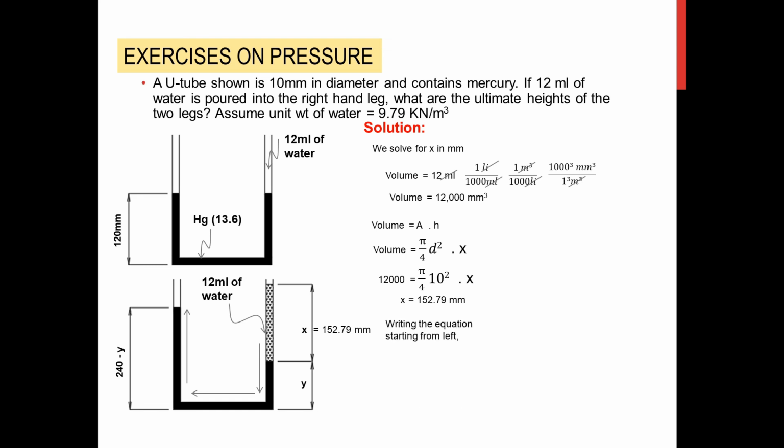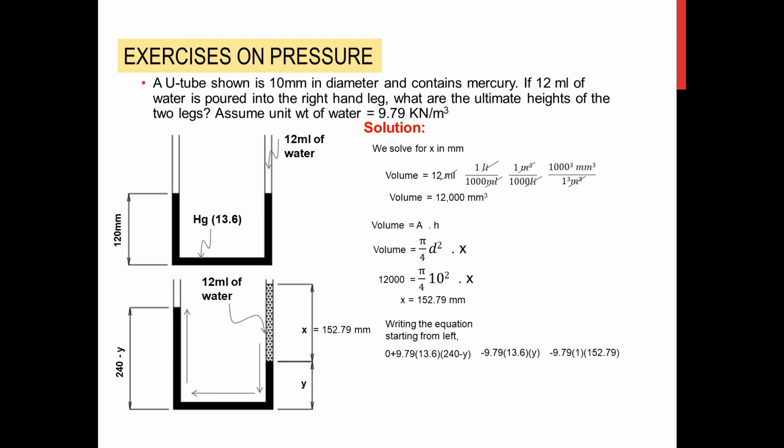We can now start writing the equation starting from the left. Starting from the left, the exposed portion will be 0, and then we go down 9.79 times 13.6 times 240 minus y. And then we go up with mercury also. So that will be denoted by negative 9.79 times 13.6 times the head of y.